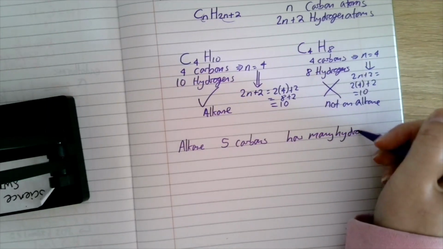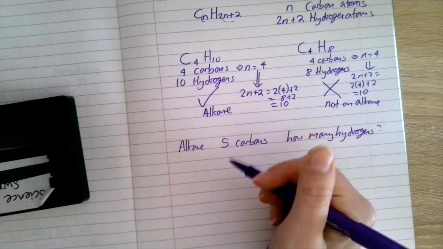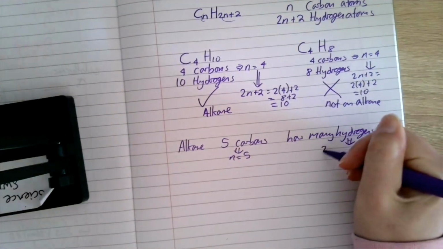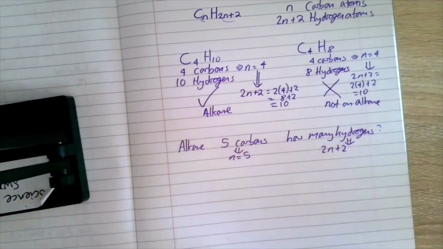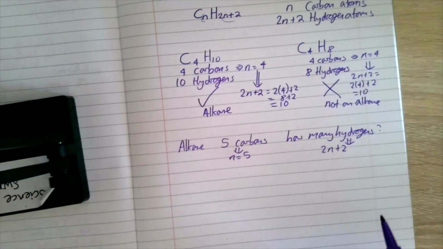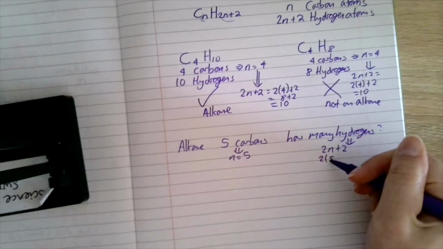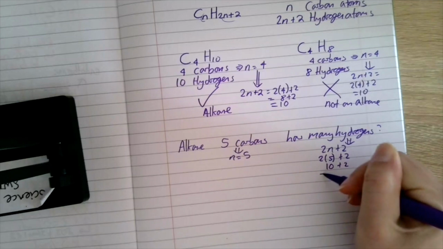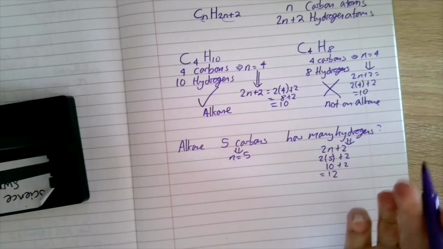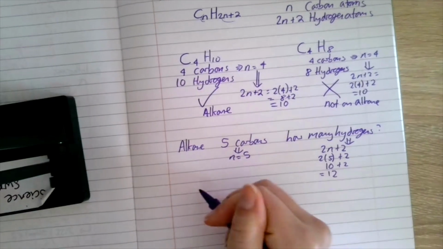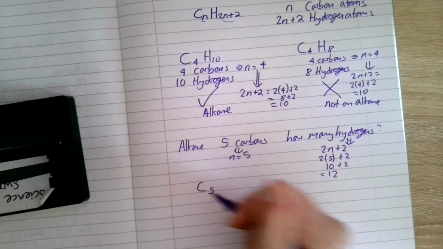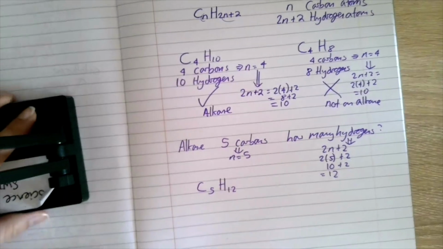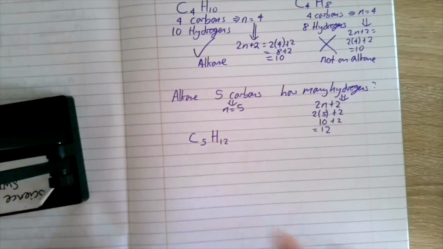Well, then we know that n equals 5, so therefore 2n+2 is our formula to work out our number of hydrogens. So we would do 2 lots of the 5 plus 2, which is 10 plus 2, so there'd be 12. And then from that we can write our molecular formula, C5H12.